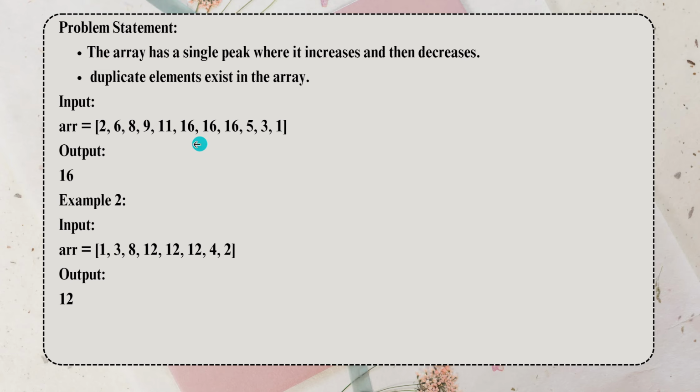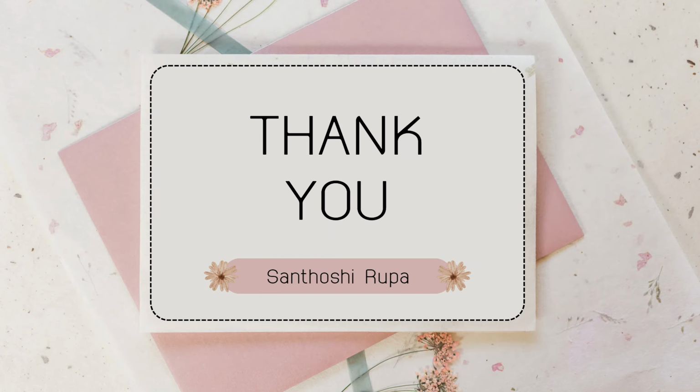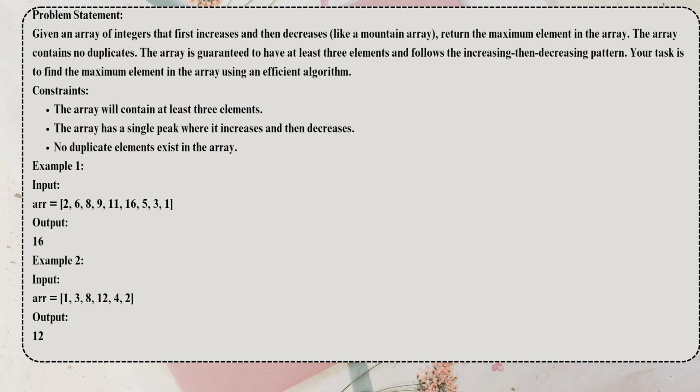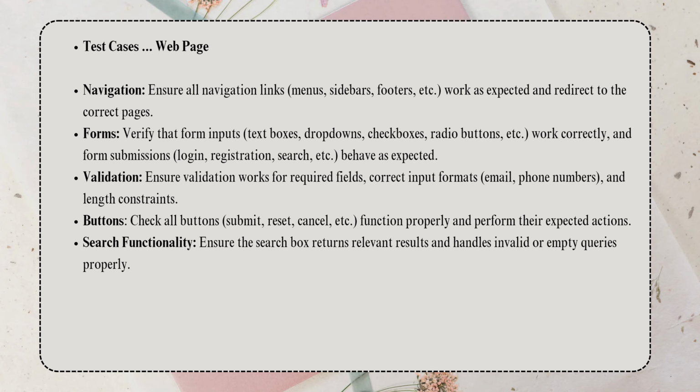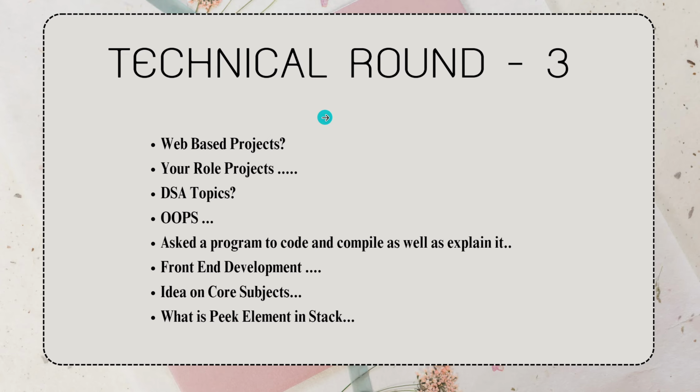Then 16 is the element, it increases and then decreases. It has duplicate elements. Binary search won't work over here, so you have to go for linear search. You have to explain in which way you are going to solve the question to the one who is asking you the questions, okay.